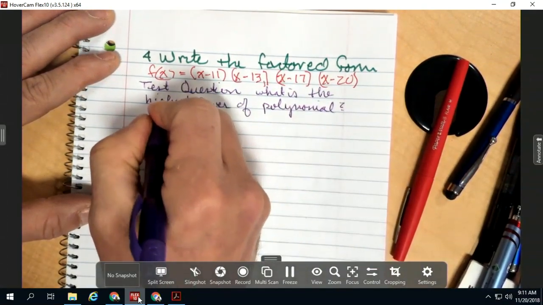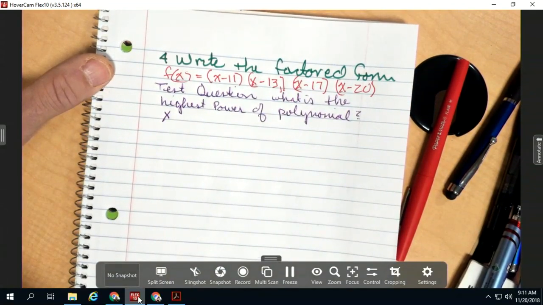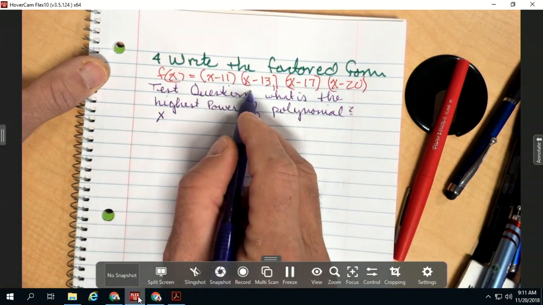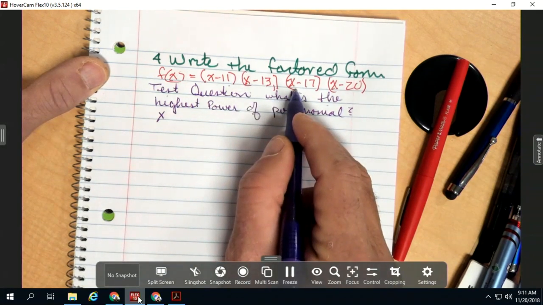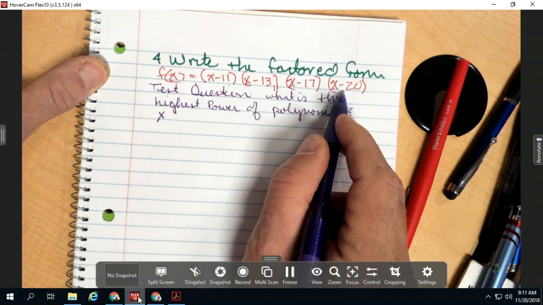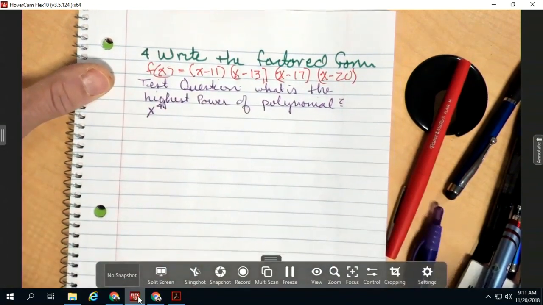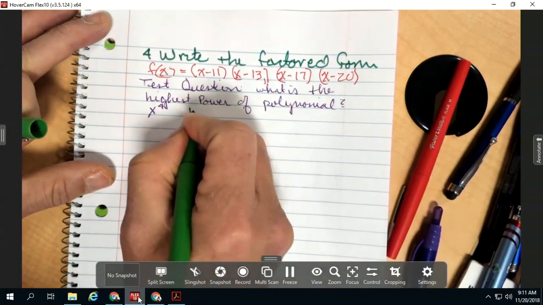X to the... Well, let's think about it. You're going to take this times this. What power are you going to get? X squared. Times this. Times this. So is there a quick and easy way to figure out what the highest power is?